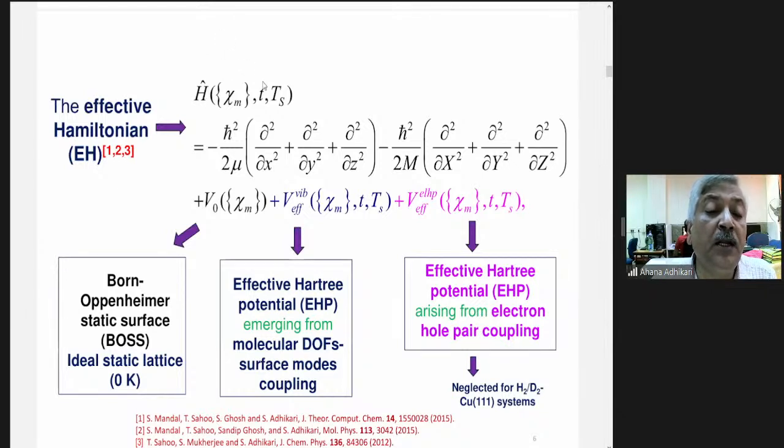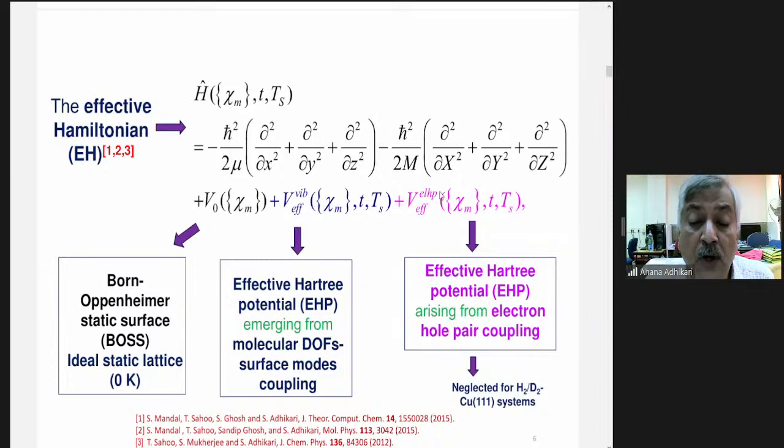In the effective Hamiltonian, it gives you the molecular degrees of freedom, and these degrees of freedom define the molecule with respect to the surface. That means you can see the 6 degrees of freedom, and the interaction between molecular degrees of freedom and the surface, when the surface atoms are fixed at their position. But this is the effective Hamiltonian that you get from considering the surface atoms are vibrating around their equilibrium position.